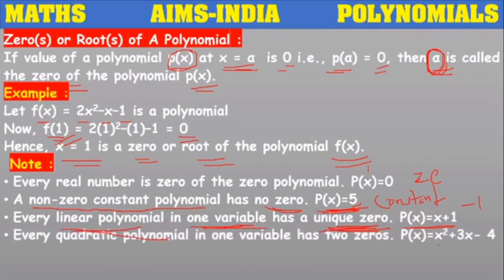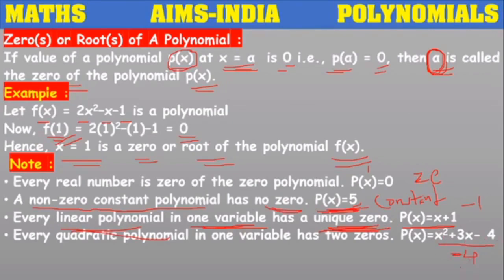Let's take the example of a quadratic polynomial like x square plus 3x minus 4. By observing this, if you take the value of 4 in the place of x, what happens? 4 square 16, 3 4s are 12, minus 4. Or else if we take minus 4, then what happens? 16 minus 12 minus 4 plus 16, minus 16 cancels each other.